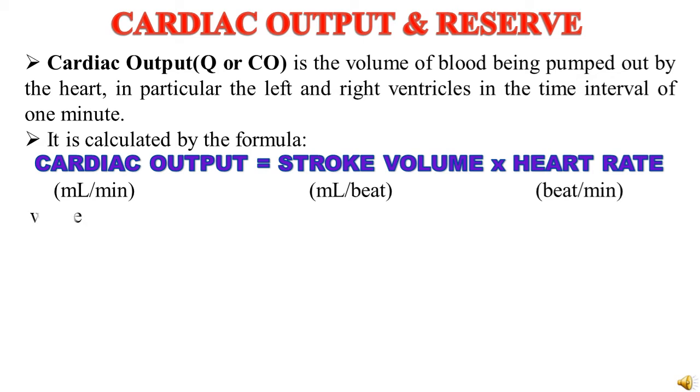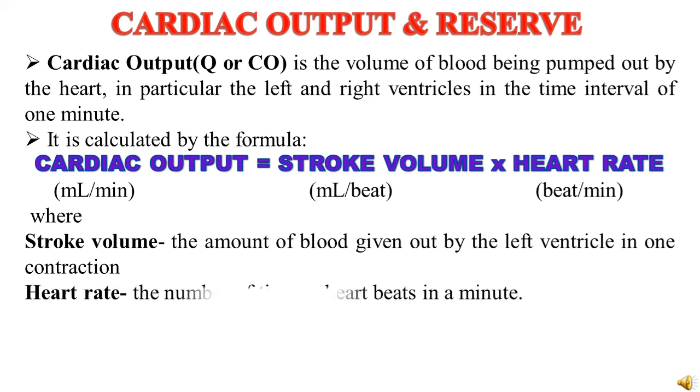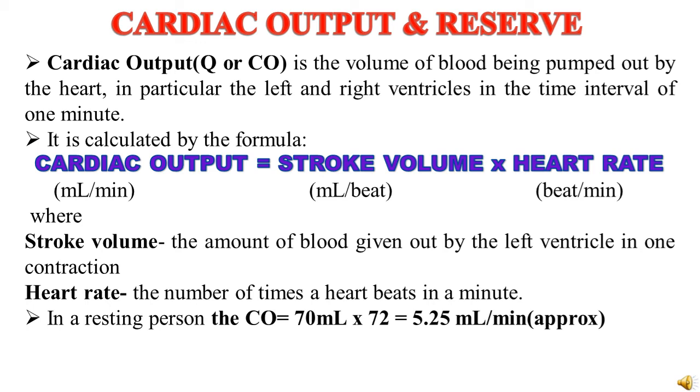As we have already discussed, stroke volume is the amount of blood given out by the left ventricle in one contraction, and the heart rate is the number of times that a heart beats per minute. In a resting person, the cardiac output is about 5.25 milliliter per minute approximately.